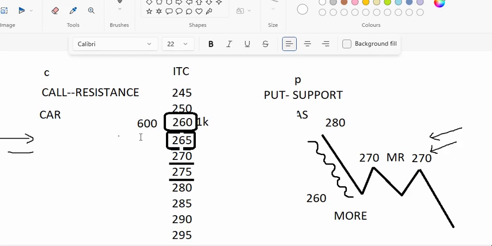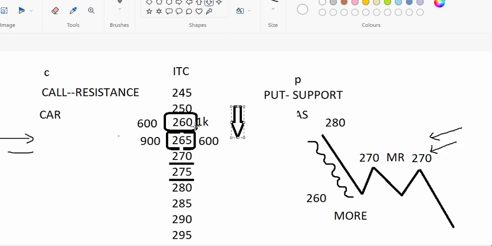So now I will write down here is 900 and here is 600. Right? So now the price is coming from 260 towards 265.